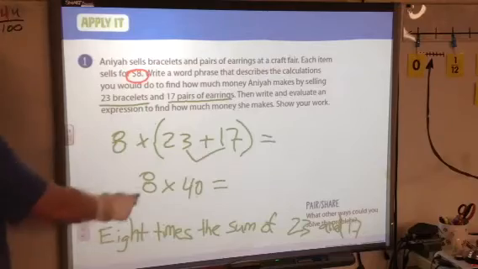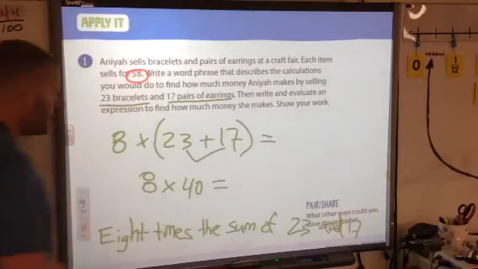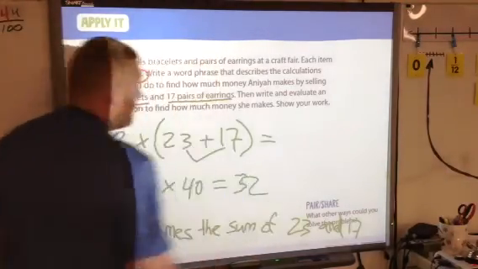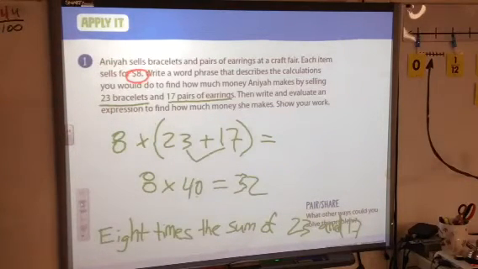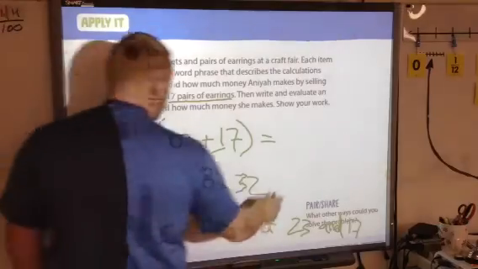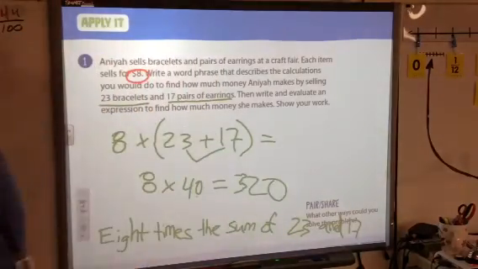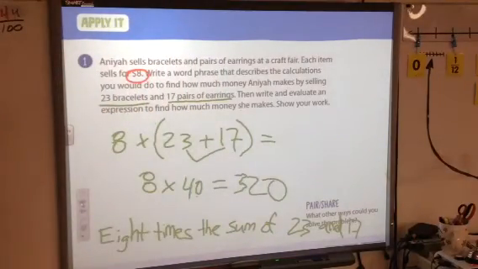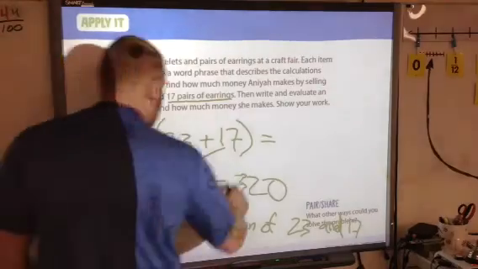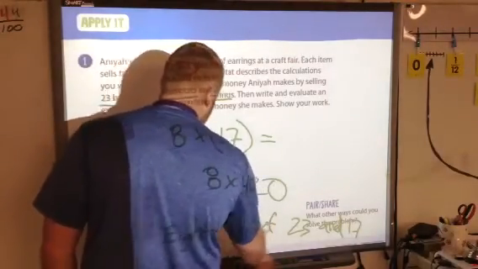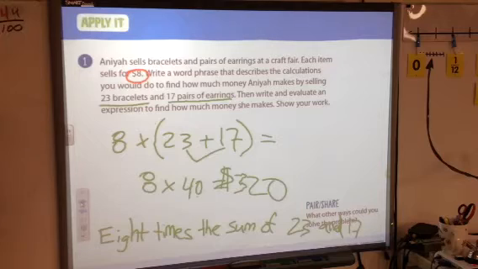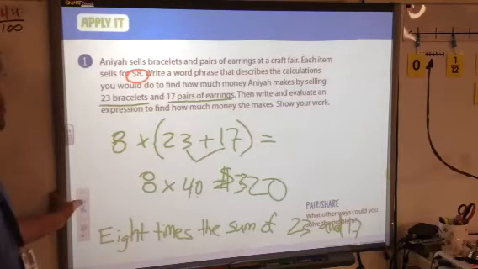So let's just do 8 times 4, which I know is 32. And then what? I bet you at home can answer this. I just add the 0 because it's a base 10 model. Or it's a power of 10, I should say. $320. That's how much it is. Alright? Coolio? Alright, let's go over to the next page.